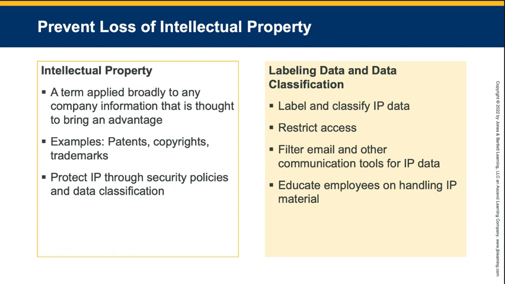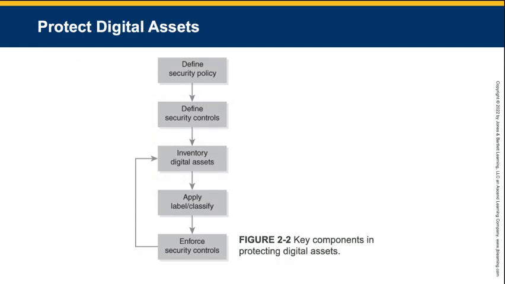In terms of protection of digital assets, here we have policy, security policy. We need to define them, security control, what your inventory of digital assets is, for example, customer information, and need to apply it, and also enforce it.